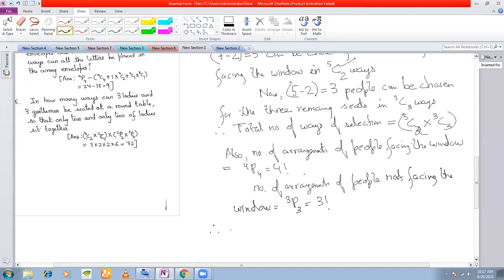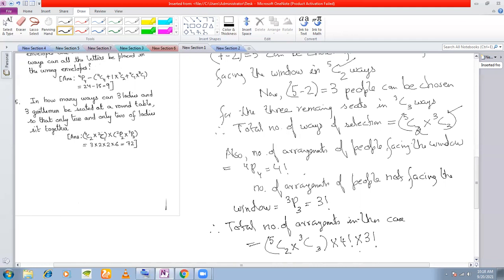So therefore, what is the total number of arrangements in this case? First selection, in how many ways are we selecting? 5C2 into 3C3 ways, and then we are arranging into factorial 4 into factorial 3.